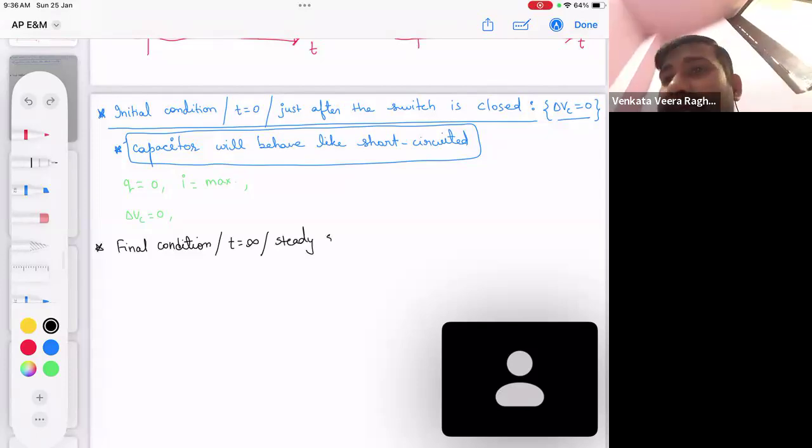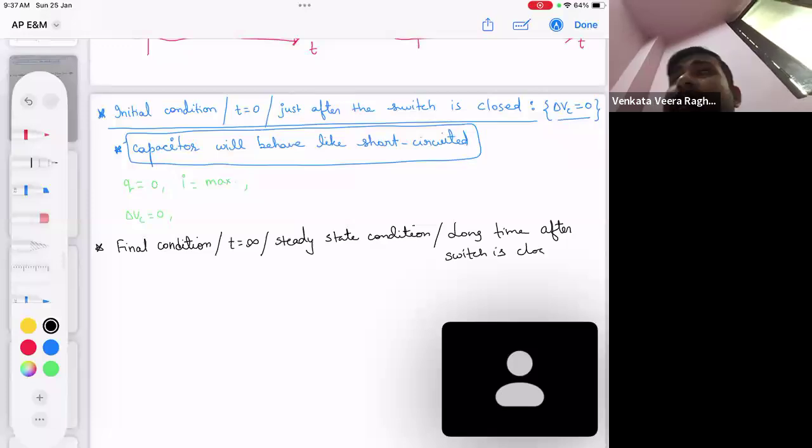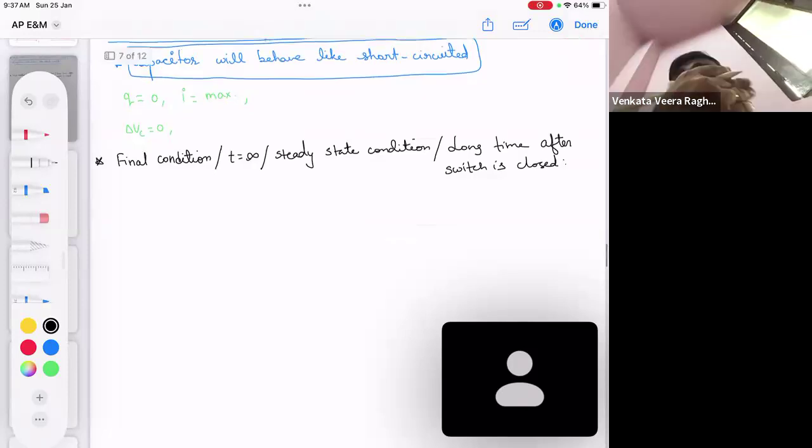Steady state condition, or sometimes they will write it as long time after the switch is closed. Understood? It means you have kept the switch closed for a very long duration of time.